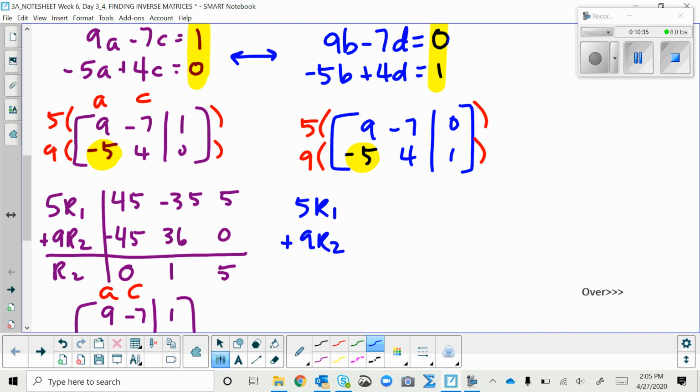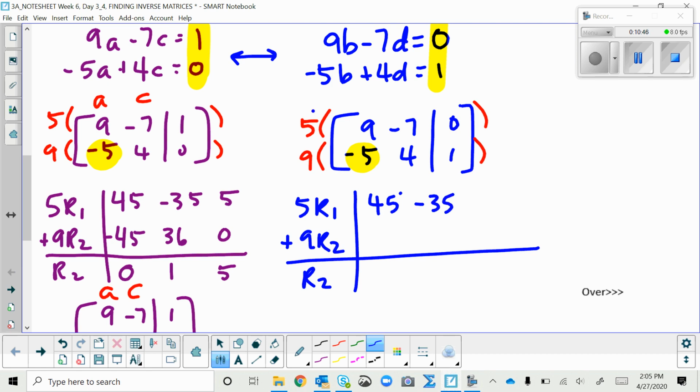This is going to give me my new row 2. So even this part stays the same, 45, negative 35. But what changes is now when I do 5 times that 0, I get 0 instead of what I got in the previous part of the problem. And then 9 times the second row is negative 45, positive 36, and positive 9. So adding vertically still gives me 0 here, still gives me 1 here, but now I've got 9.